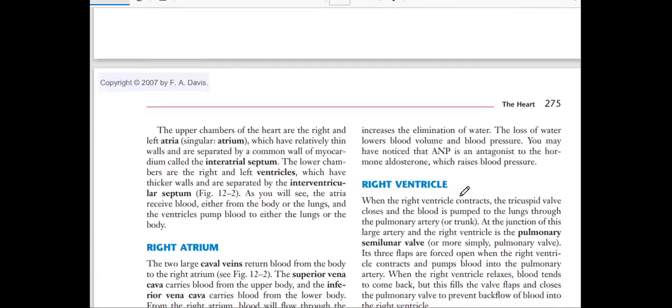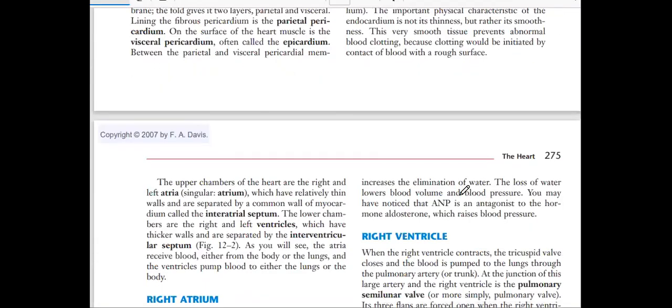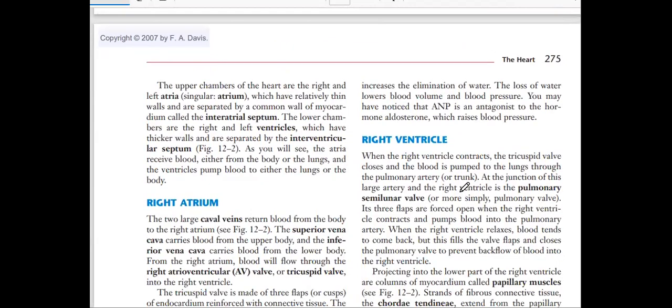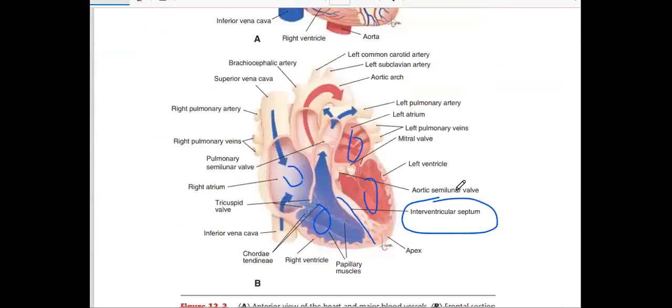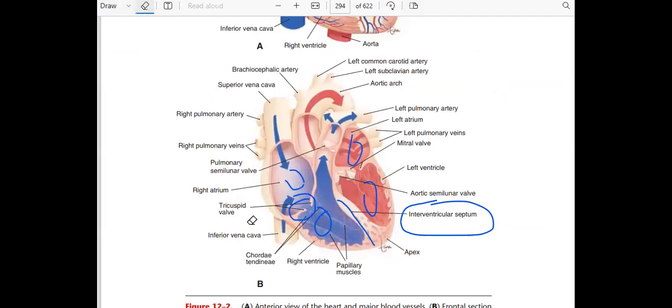So now we will talk about each and every valve and each and every chamber. We have to remember the valves. This is the valve here, number one. What does a valve do? It is like a door.